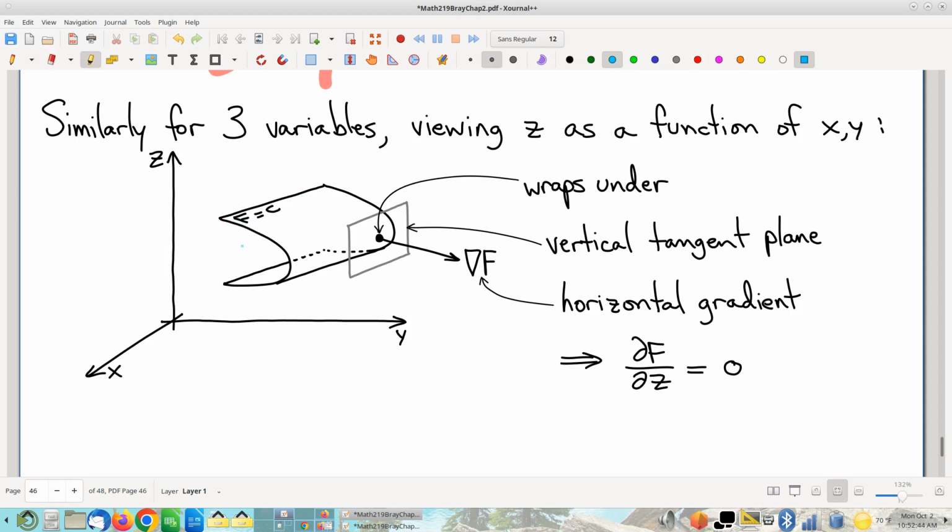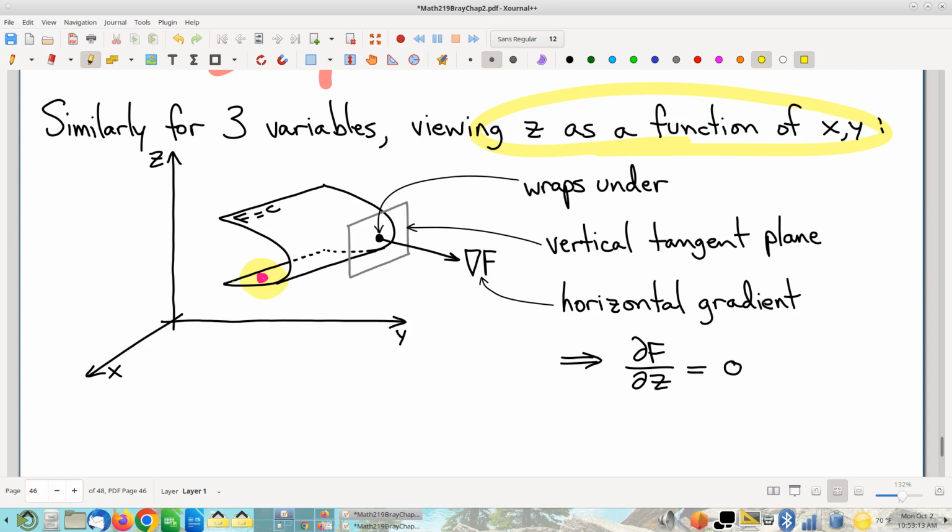I'd like to know on this level set, let's say at this point right here, can I locally view z as a function of x and y? And locally, near that point, yeah, sure, that's no problem. You could imagine little vertical lines going through there, and it's no issue, right? Z is clearly going to be a function of x and y there.